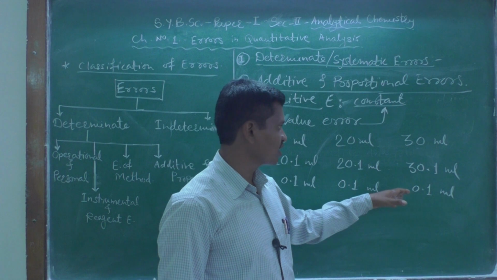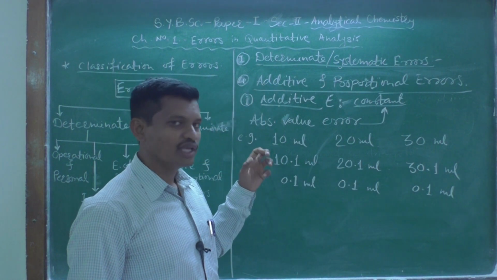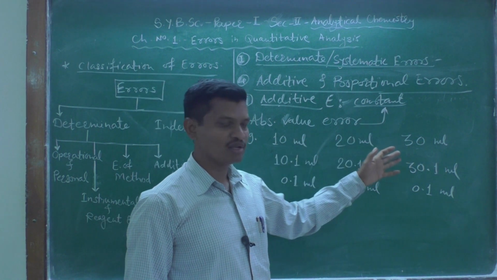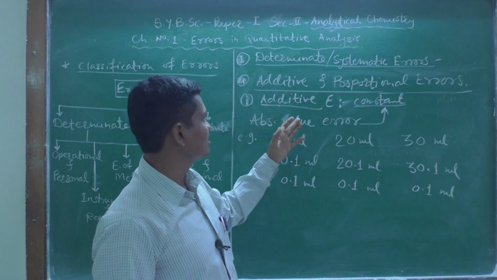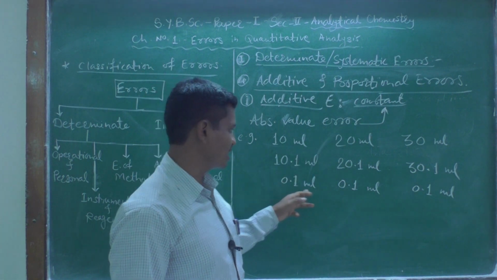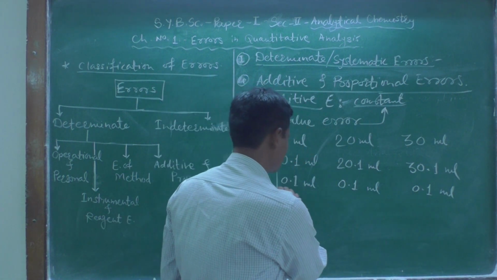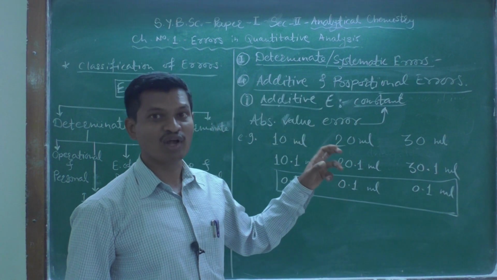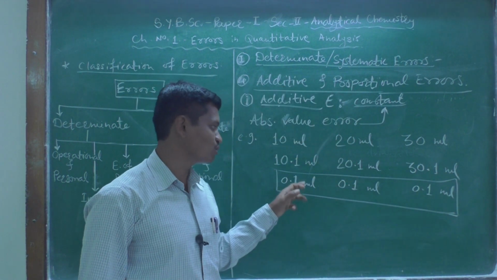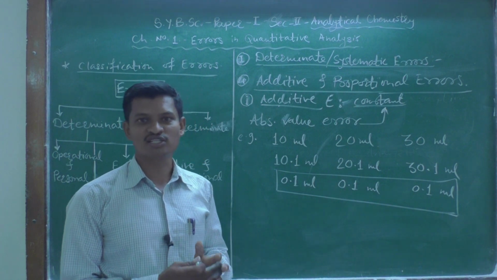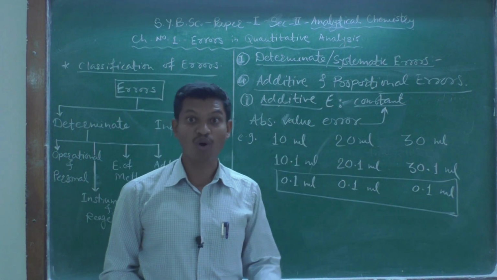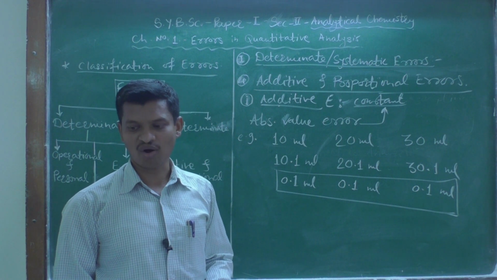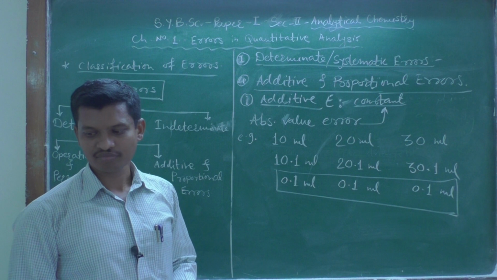So when we increase the volume or amount of the sample, we are getting a constant error of 0.1 ml. The absolute error is constant at 0.1 ml. Such error is called additive error or constant error.